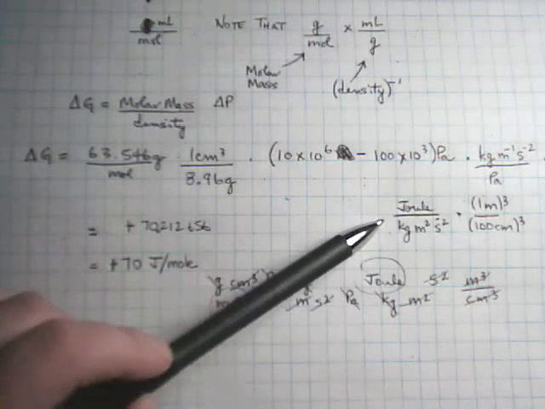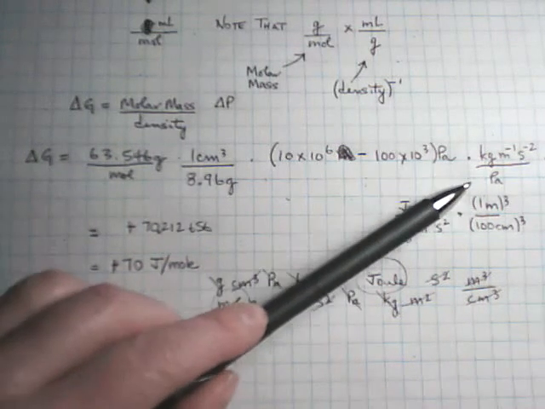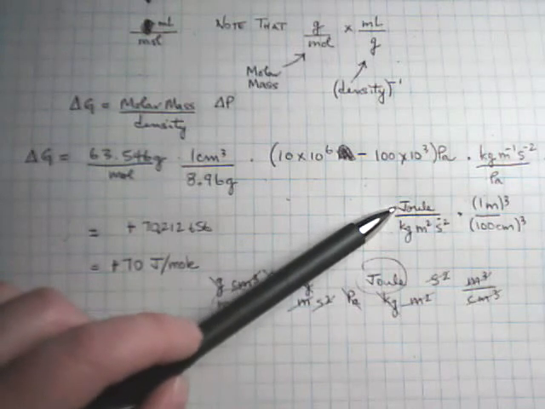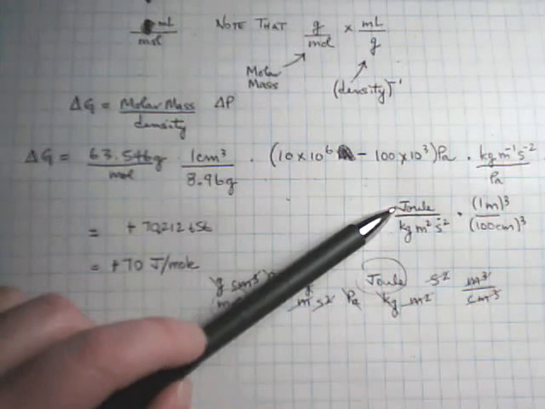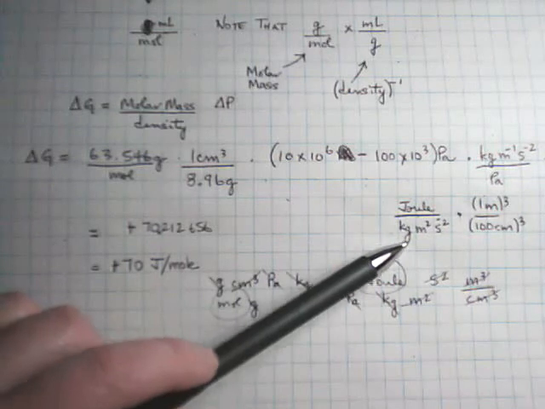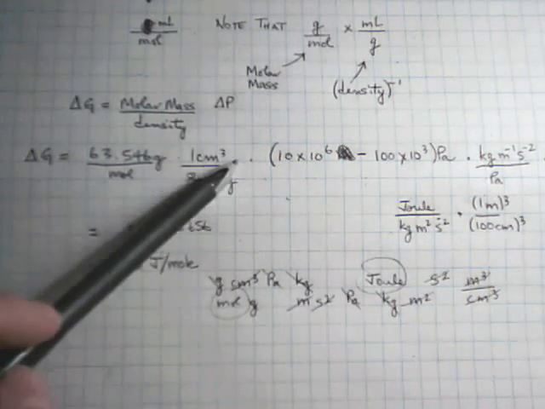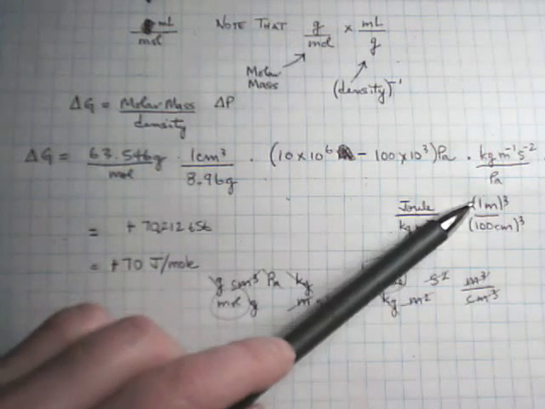And then I continue this over here, because my Pascal will go out, and then I'm left with a bunch of SI units, which I probably want to convert to joules, so I multiply by 1 joule is a kilogram meter squared per second squared. And then I noticed that I still had cubic centimeters, and I needed to bring that to cubic meters for things to cancel.